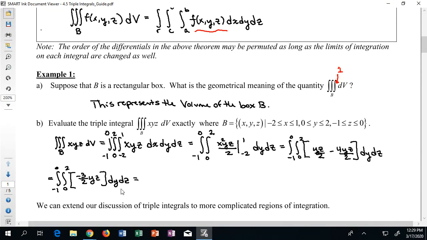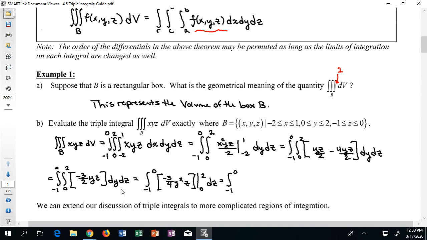Okay, so here's what I would do if I was continuing on. I would end up with something like a -3/4 y squared times z. I would evaluate that from 0 to 2. That would get me an integral from -1 to 0.